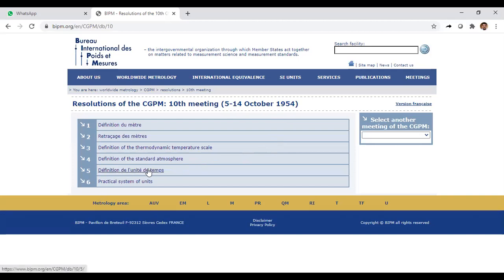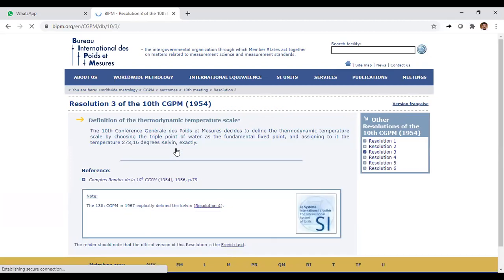Temperature: definition of the thermodynamic temperature scale. The 10th conference. What is the CGPM full form?